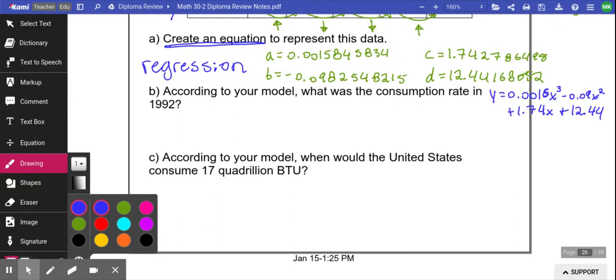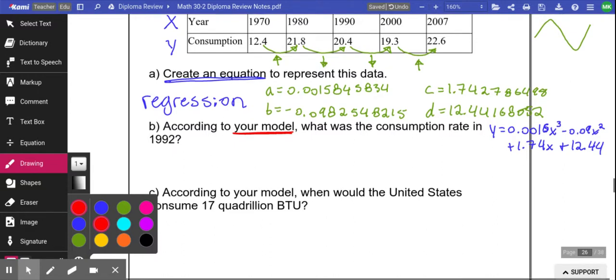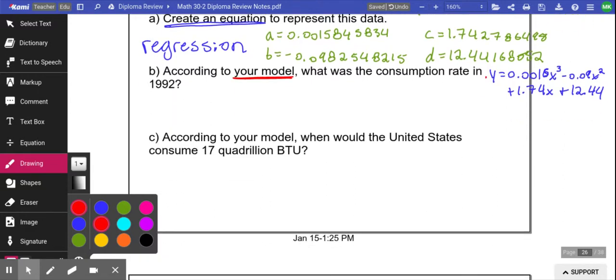So this question says, according to your model, and our model is the equation we just made. It's not looking at the data and guessing. It's using this equation. What is the consumption rate in 1992?